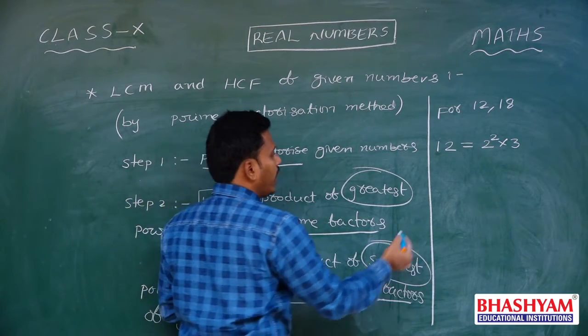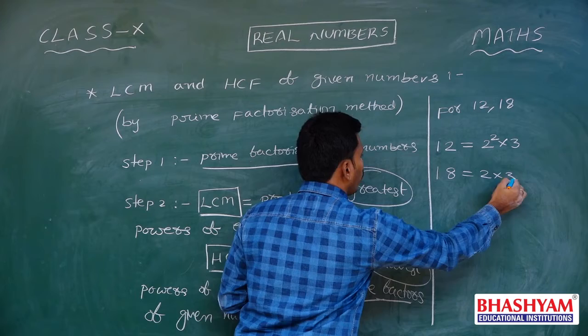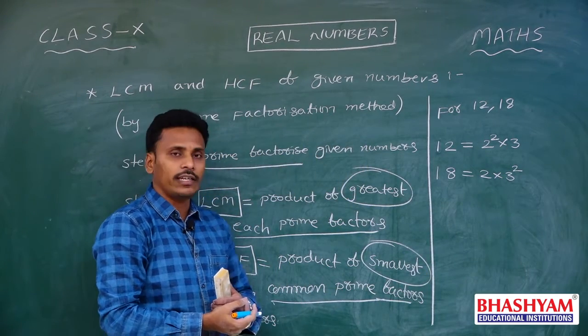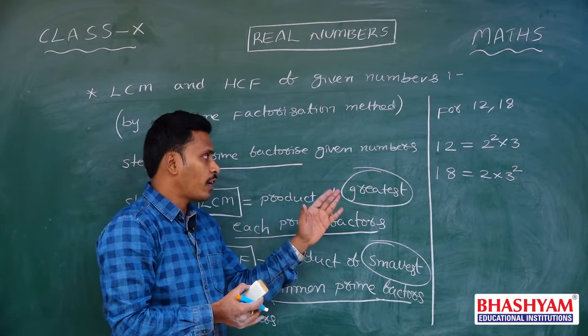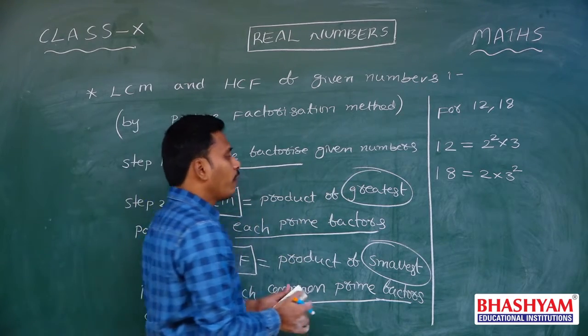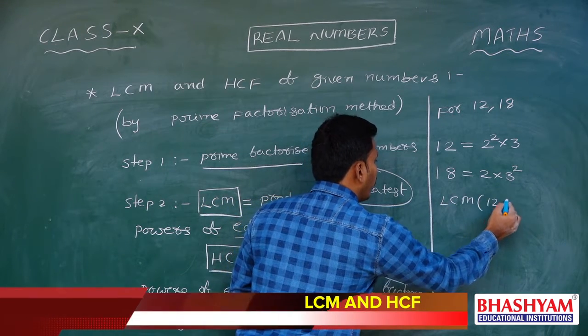Then what about 18? 18 is 2 into 9, so I can write it as 2 into 3 square. So 2 into 3 square is the prime factorization for 18. Now I have the prime factorization for 12 as well as for 18. Next, we need to find the LCM for 12 comma 18.